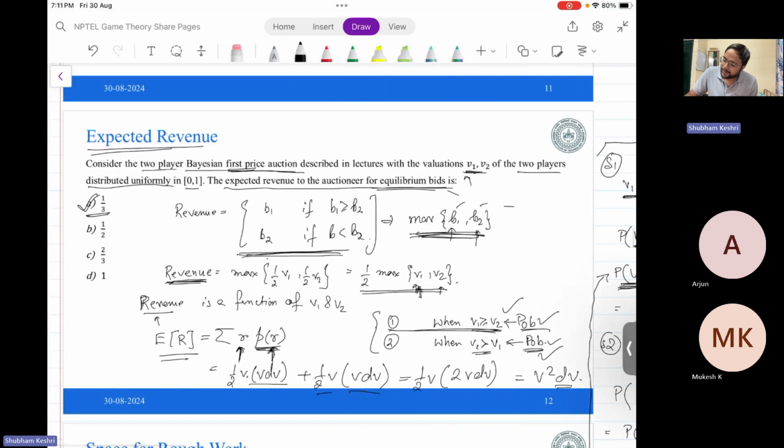We are saying V1 and V2 are not known, and these are uniformly distributed between 0, 1. So actually, V1 is a random variable and V2 is a random variable. So they are not fixed valuations. We have not written it capital V1 and capital V2 because that is how we are following in game theory. But in probability, when you are talking about probability, random variables are written in capital letters.